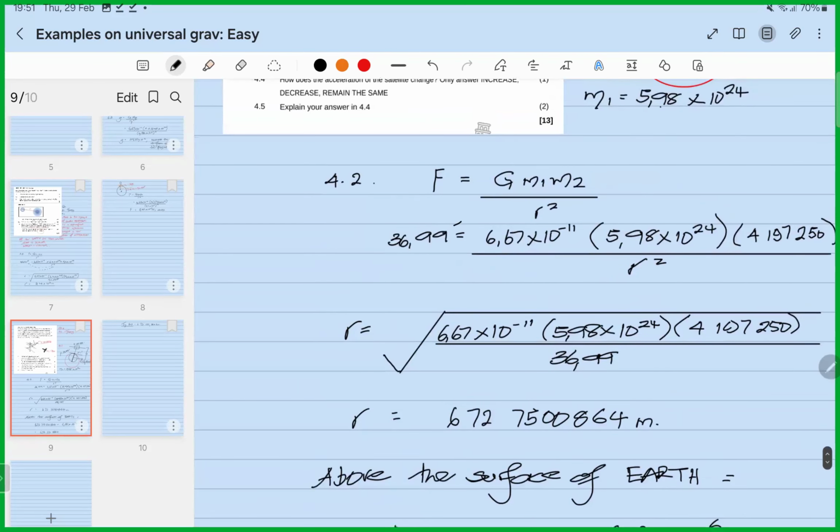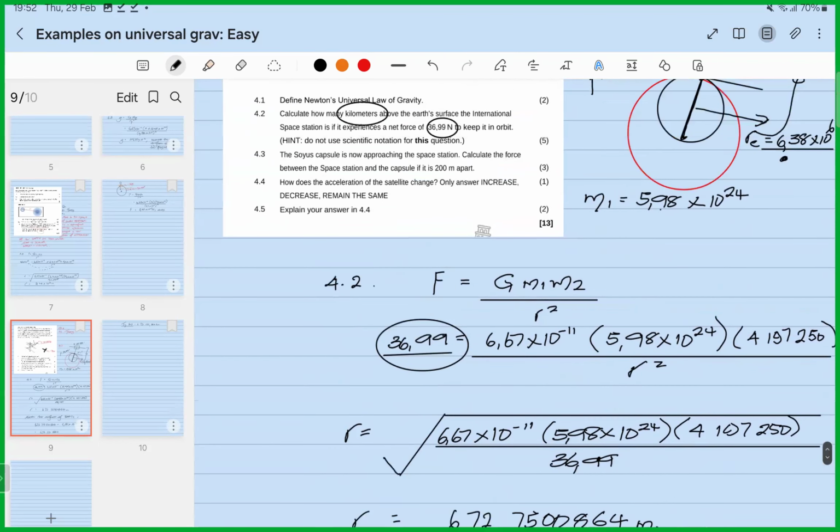I think it's here. I don't think the gravitational force is so small on Soyuz. I think it's much larger than that. I think that's where they made their mistake: 36.99 newtons on a huge mass of almost 4.2 million kilograms.